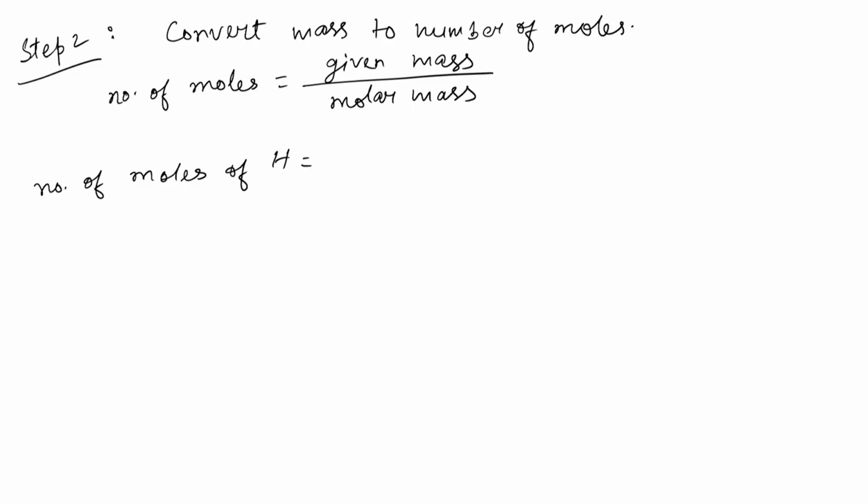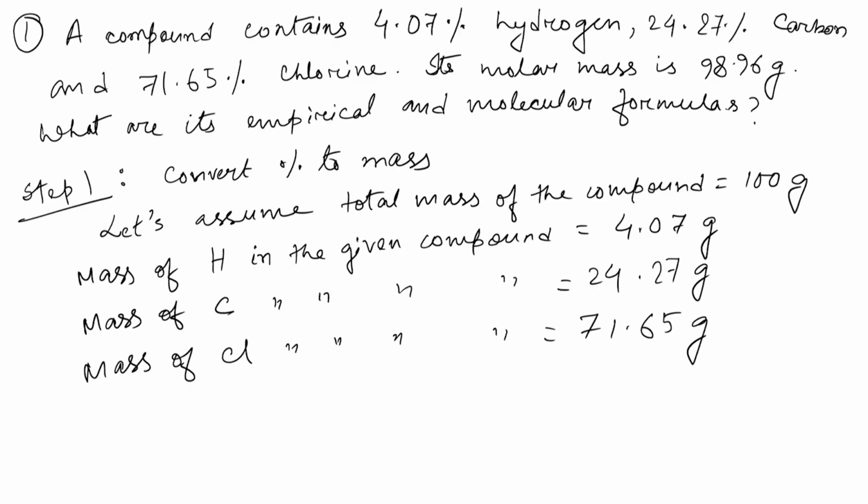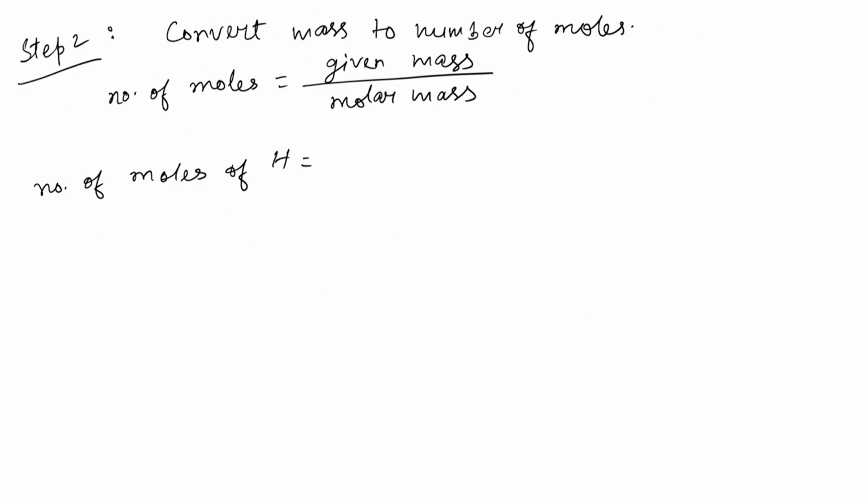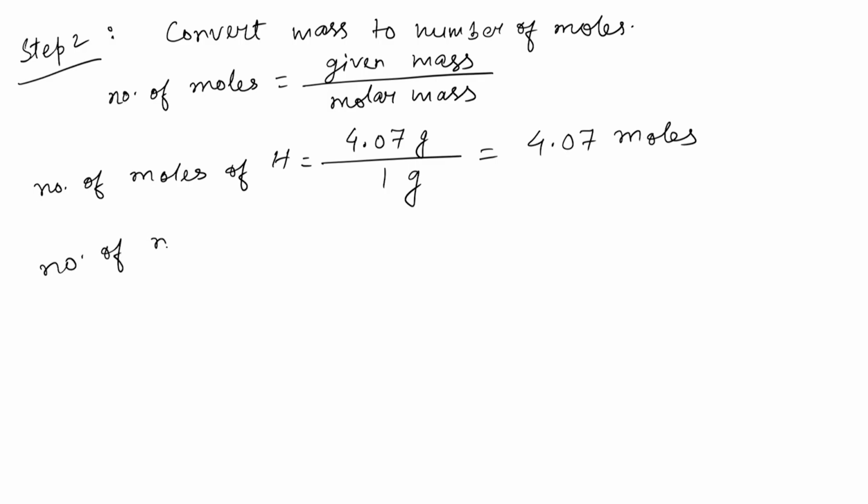The given mass of hydrogen is 4.07 grams. So, 4.07 grams divided by molar mass of hydrogen, which is 1 gram, is equal to 4.07 moles.